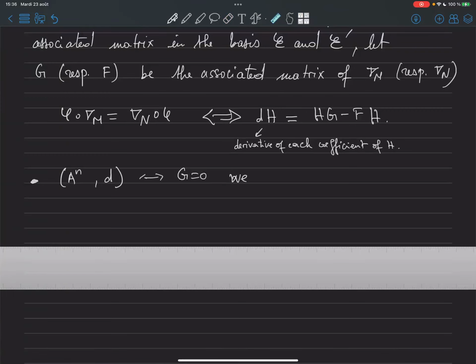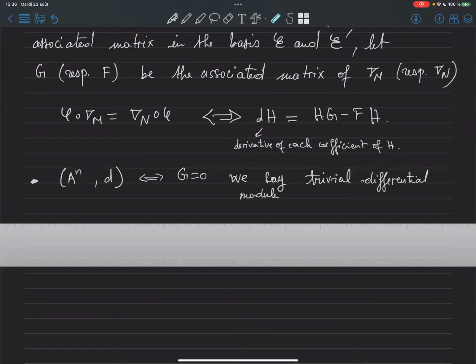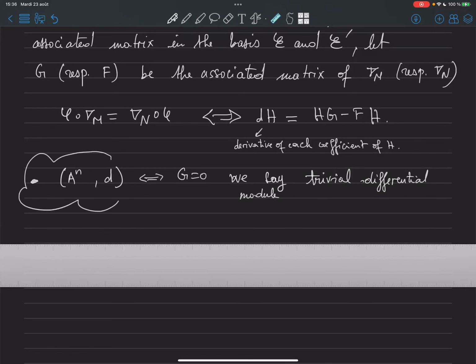This means it's equal to say that G is equal to 0. And we say in that case that it is a trivial differential module. This is just a remark that should be in the example before.